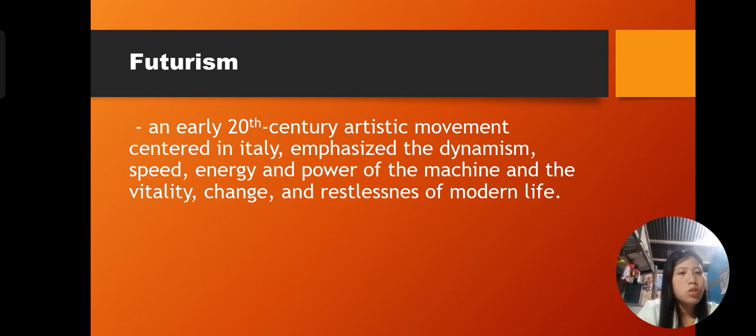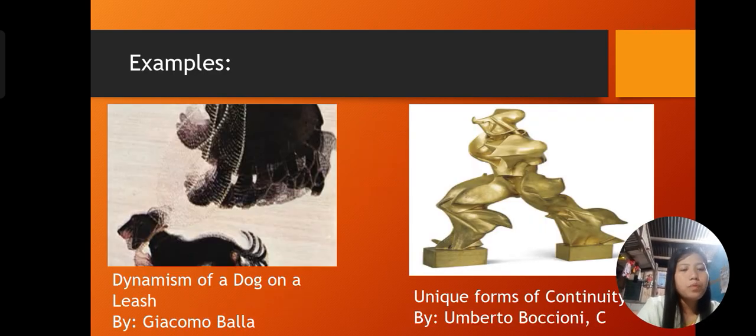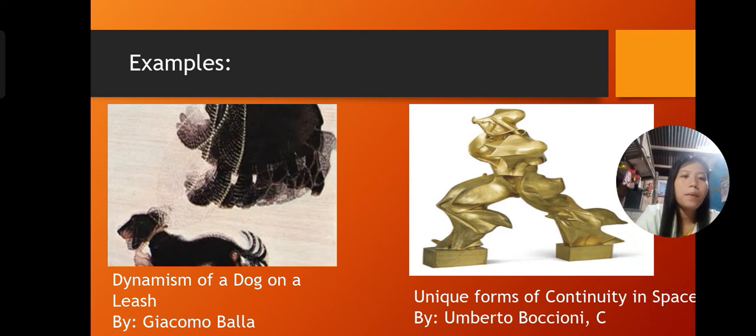An early 20th century artistic movement centered in Italy, it emphasizes the dynamism, speed, energy, and power of the machine, and the vitality, change, and restlessness of modern life. We have here examples of Futurism: Dynamism of a Dog on a Leash by Giacomo Balla, and Unique Forms of Continuity in Space by Umberto Boccioni.